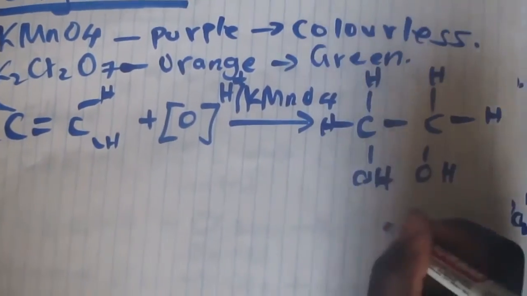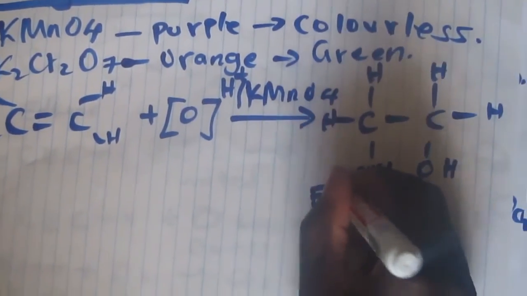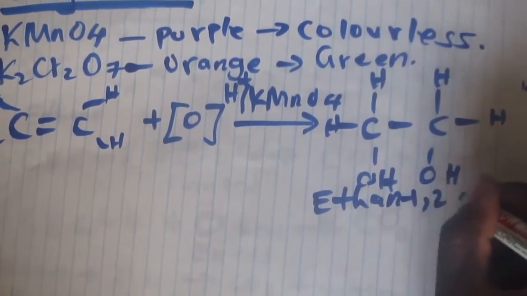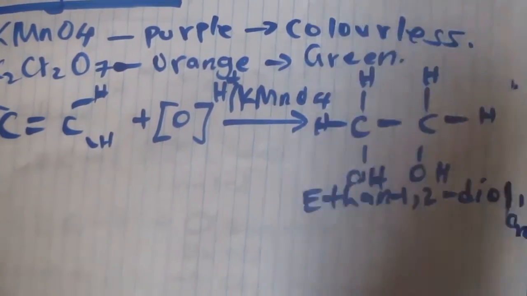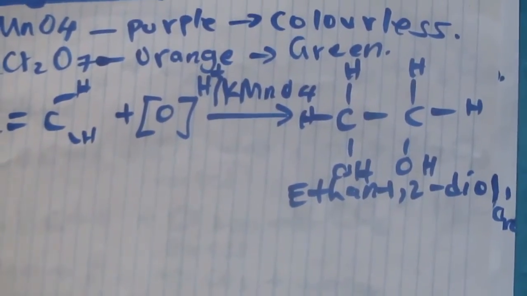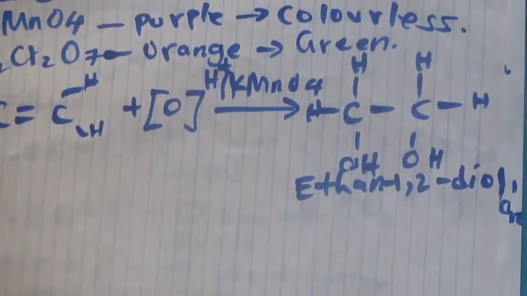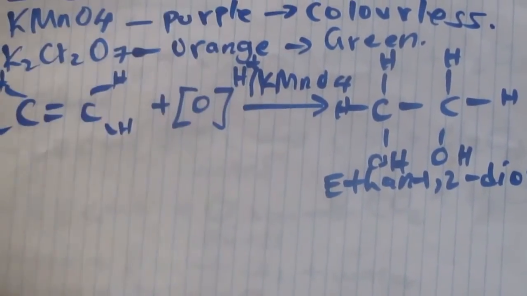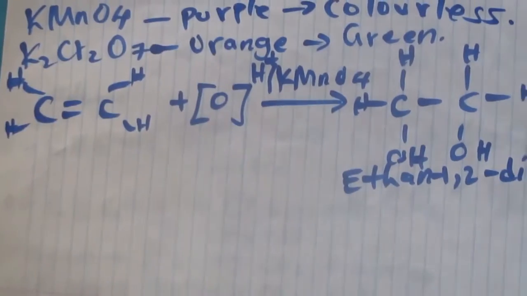So let us name this compound. This one will be ethane-1,2-diol. And the color of potassium permanganate will change from purple to colorless. And if you have used potassium dichromate(VI), it will change from orange to green.